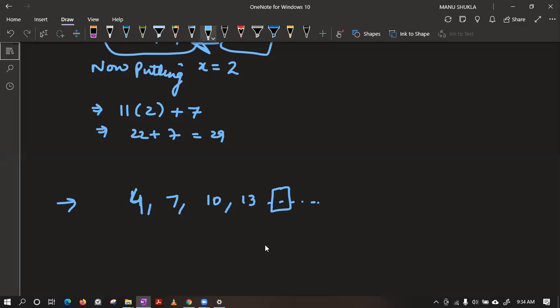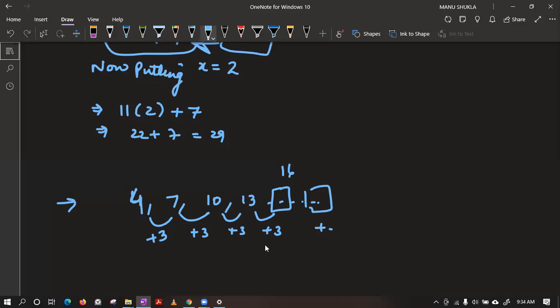What we are doing is adding 3. So you can say the pattern is simple: add 3 to a term and you will get the next term, 16, then the next, and like this you go on. Okay, very good.